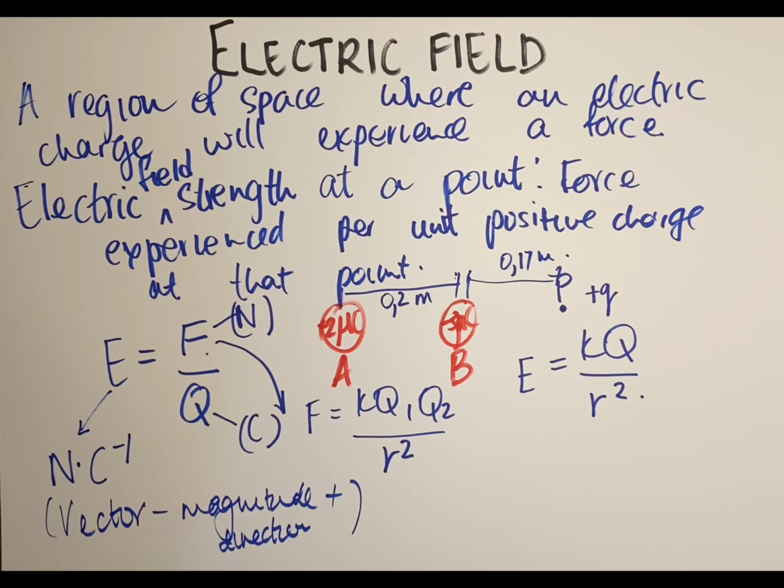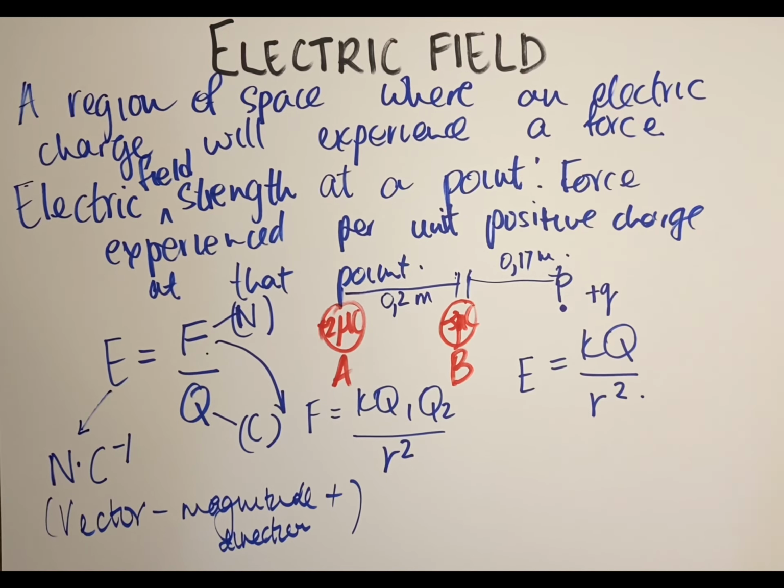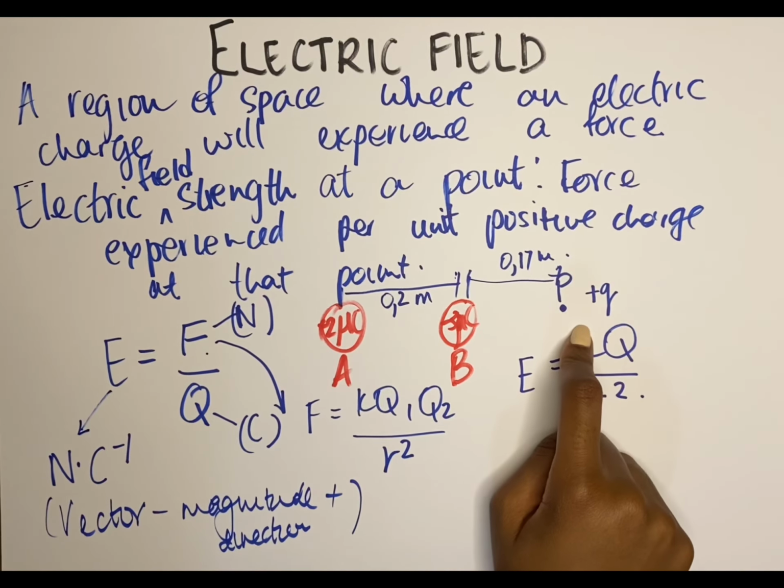Then you have what we call a positive test charge. The whole point is that the positive test charge is not meant to contribute much to the electric field. Its contribution must be negligible. That's why we use a positive test charge.